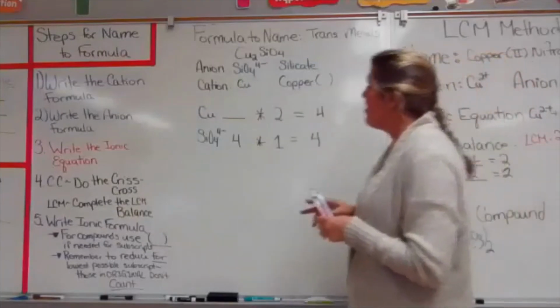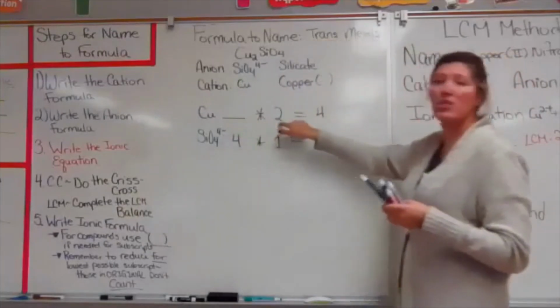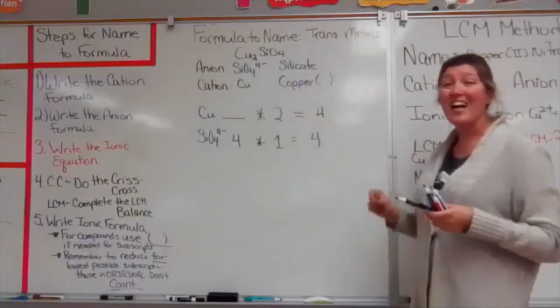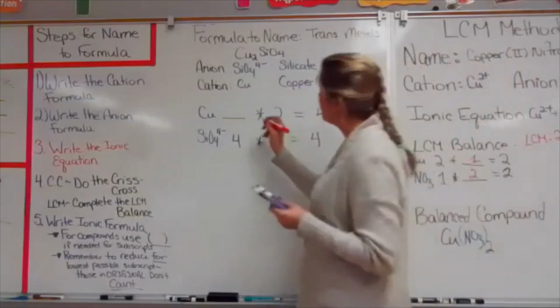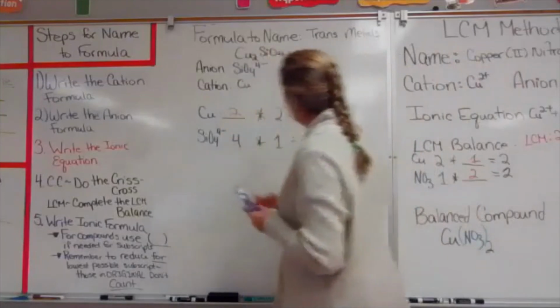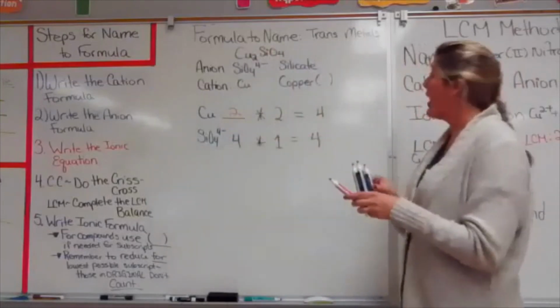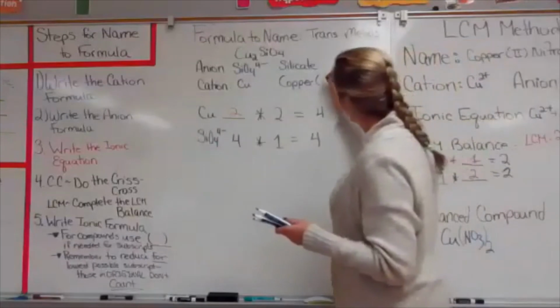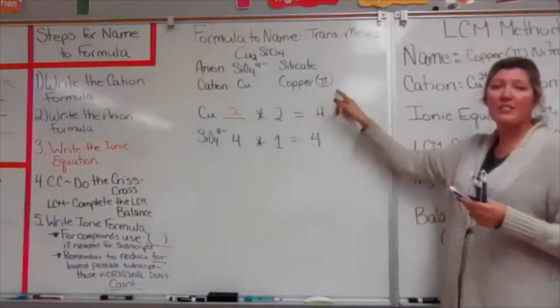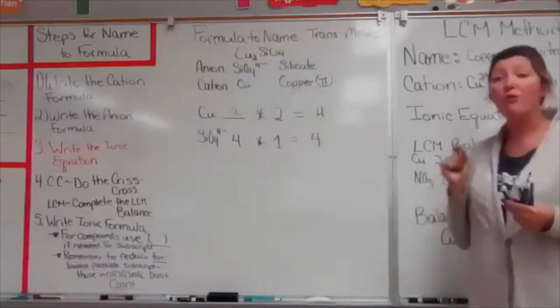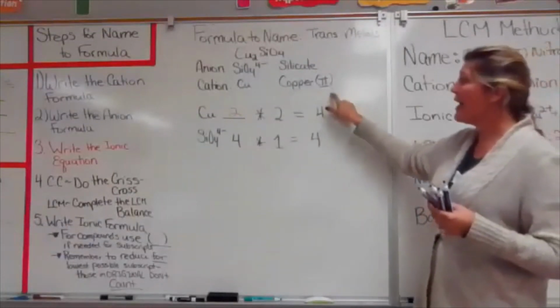Now we can solve this equation. What times 2 gives me 4 to find the charge of copper? And the answer is 2. 2 times 2 equals 4. So now that I know that to be true, I go ahead and put 2 capital I's into that parentheses because we know it's copper 2 and we represent that with 2 I's.